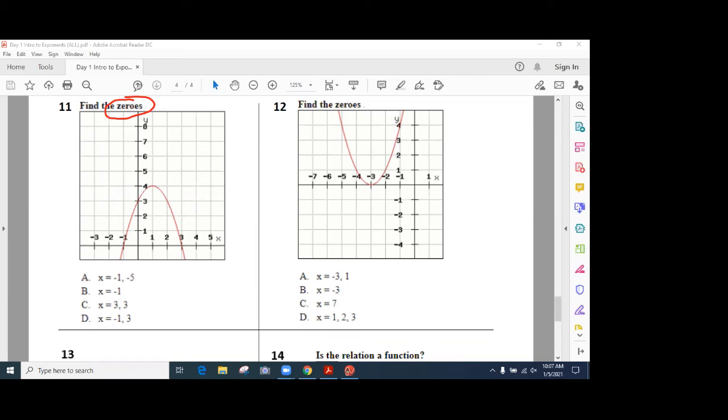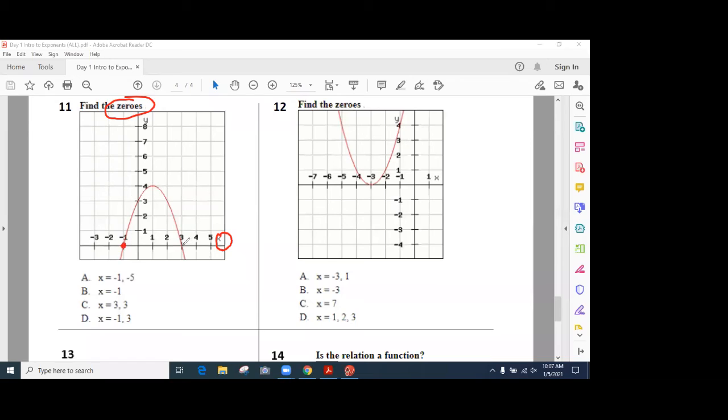Guys, this might be the easiest question on your test. They have had this question on like the last 3 tests, and the majority of kids miss this every time. All we want to know when it says zeros is where does it touch the x-axis? So this red line right here, where does it touch the x-axis?